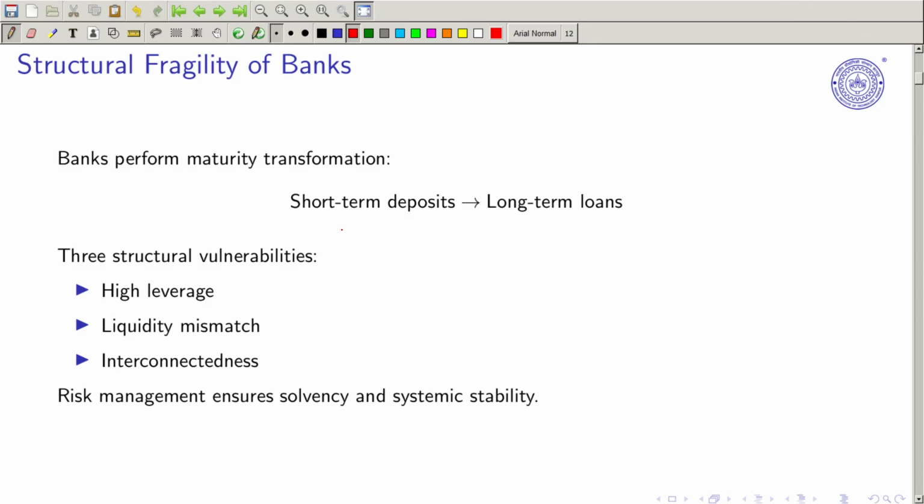The bank keeps some amount as fractional reserves and lends the rest of the amount to the borrower. So in a nutshell, the bank is simply using short term deposits and converting them into long term loans.